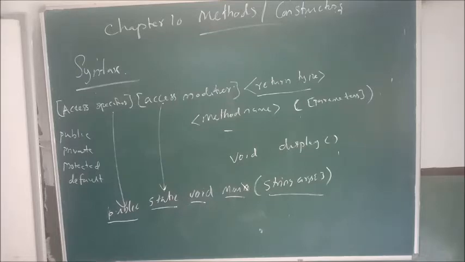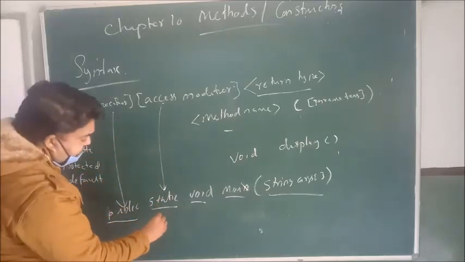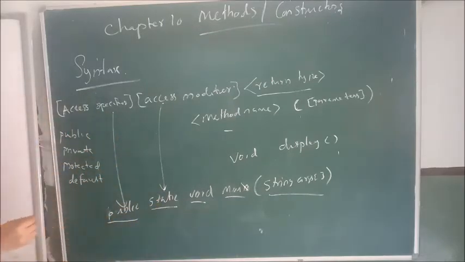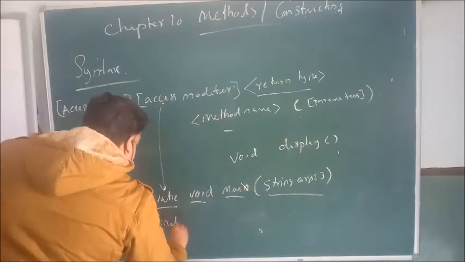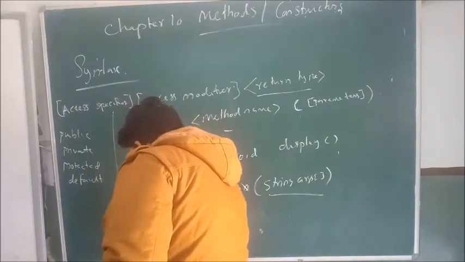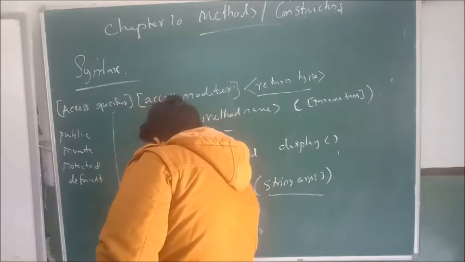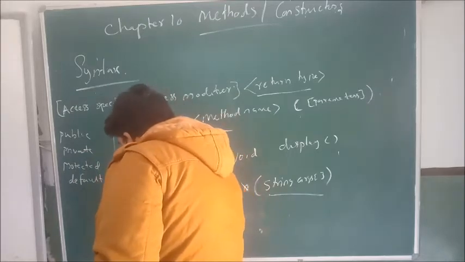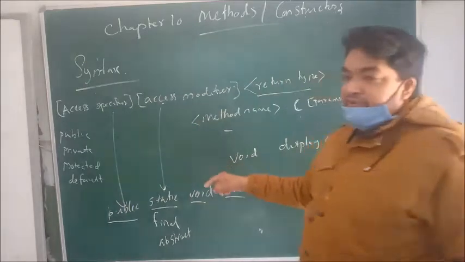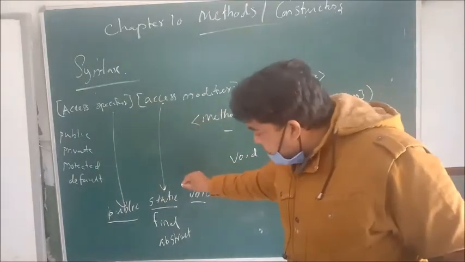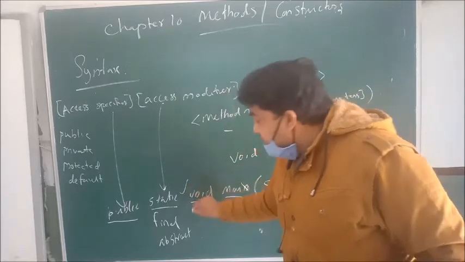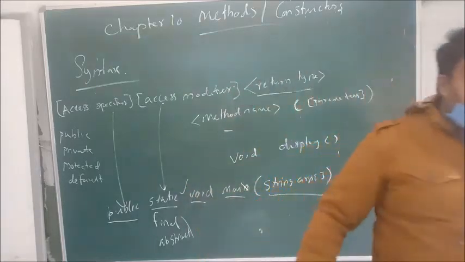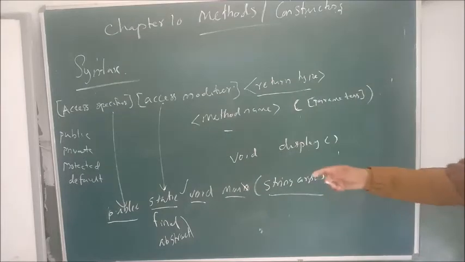Okay. Then associated with the access modifier, we have some other modifiers which are final and abstract. So there are many types of access modifiers. From your syllabus point of view, you are only learning static this year. Next year you are going to learn final and abstract. So what is final?